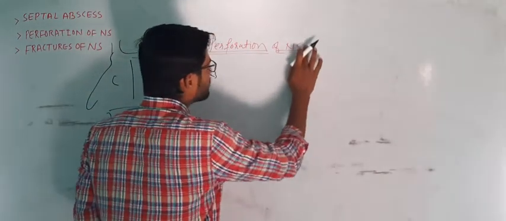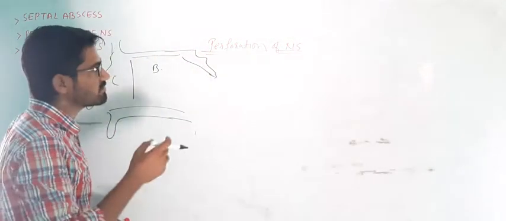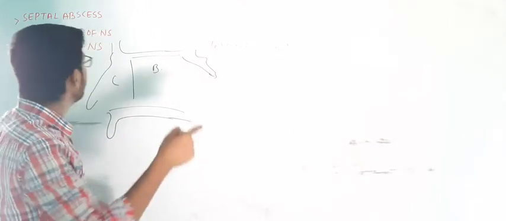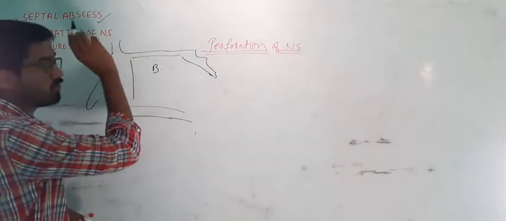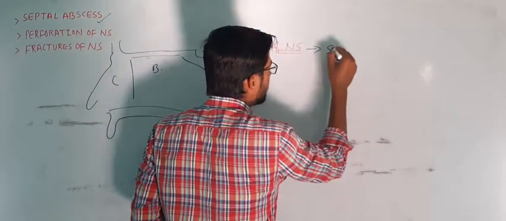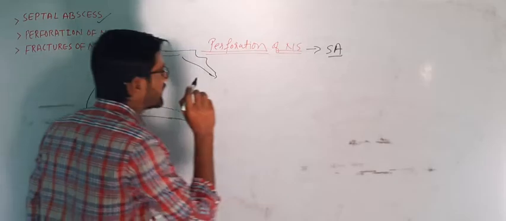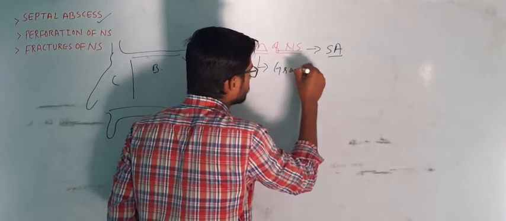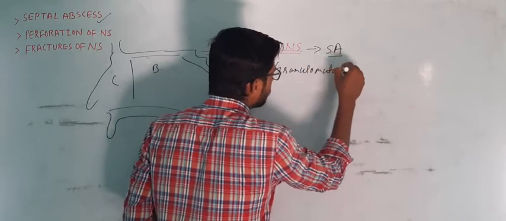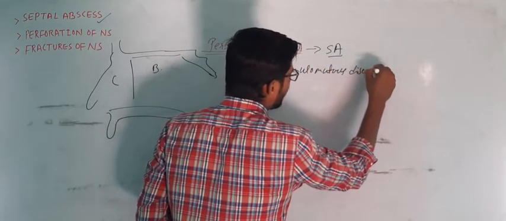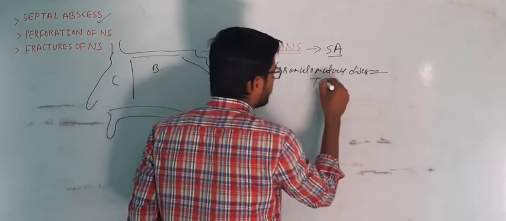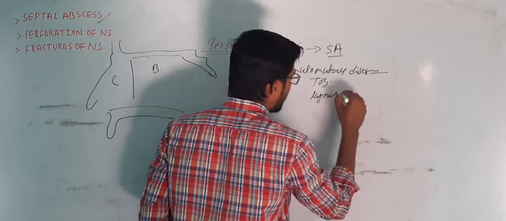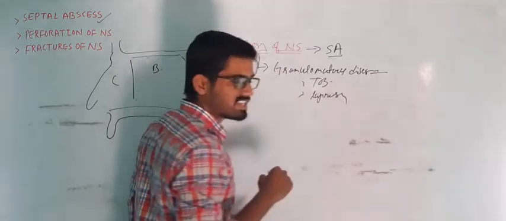Now, why is this perforation occurring? Can you tell me? One cause is what we have seen here, septal abscess. Can you tell me some other things? Yes, granulomatous disease. Can you give me an example? Yes, TB, leprosy.